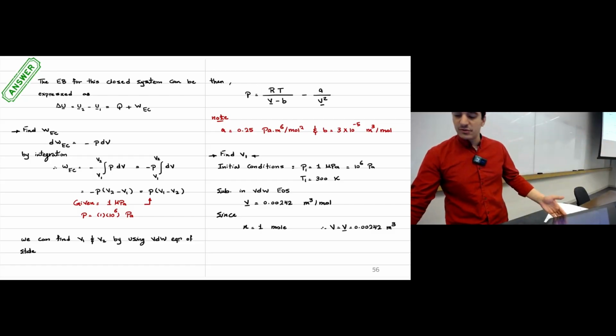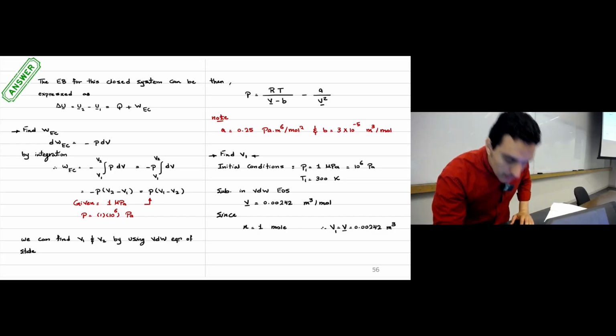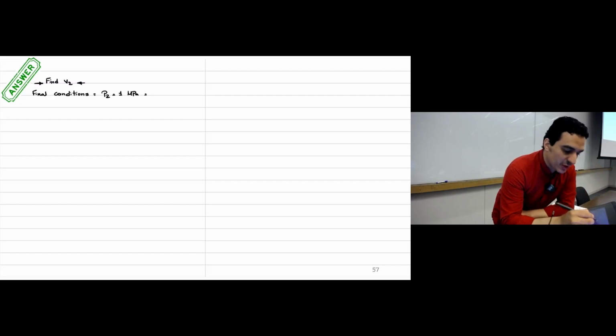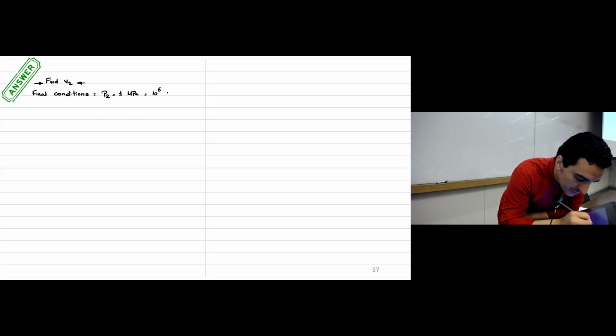And then we will repeat the same steps to find V2. So this is V1, and we repeat the same steps to find V2. At final conditions, we have P2 is 1 megapascal. Megapascal is not an SI unit, so in SI units it will be 10 to the power 6 Pascal. We have the final temperature, this is 500 Kelvin.